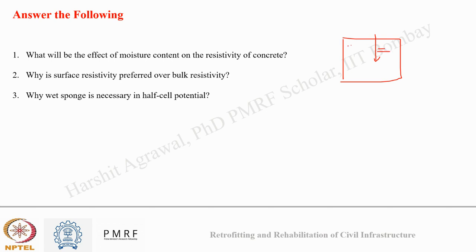Okay, so if I have air voids, what will happen? My ionic flow won't happen through the voids, it may happen through the cement paste or the aggregate. Now my aggregate and cement paste are generally more resistive than the water. So when my voids are filled with water, it will provide an easy path for ionic flow, and thus, due to moisture present in concrete, my resistivity value will reduce.